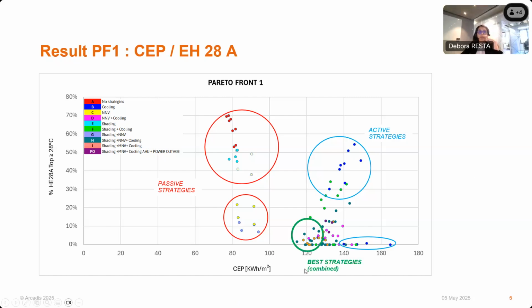The optimum solutions, showcased by the orange and green data points on this graph, signify the synergy between shading, active cooling, and free cooling. This configuration maintains average consumption levels around 120 kWh per square meter and keeps overheating below 10%.